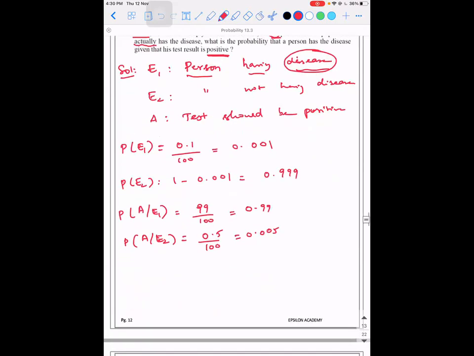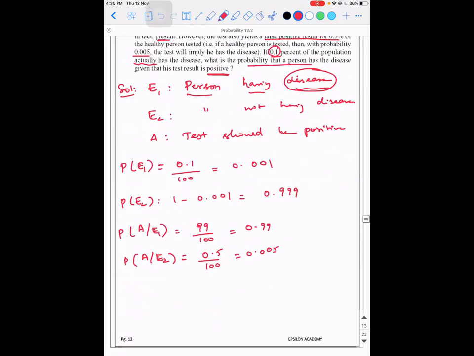So what are they asking? What is the probability that the person has the disease? So what is the probability that the person has the disease and he tested also positive? Take all the values, substitute it here, you will get the answer.